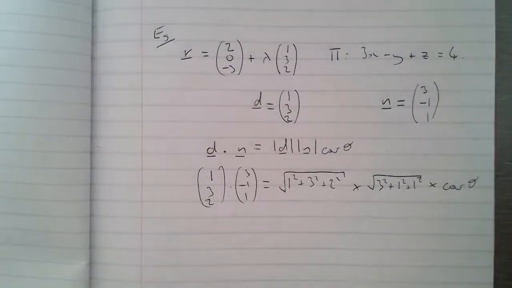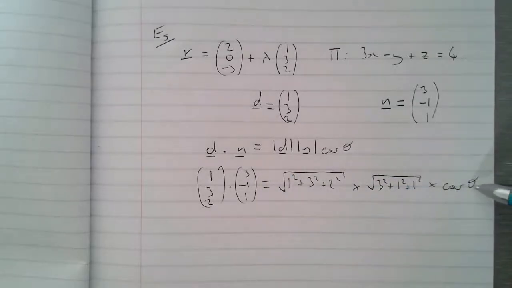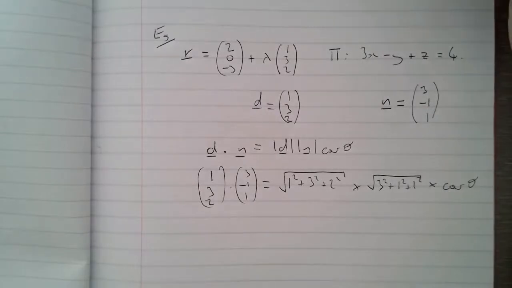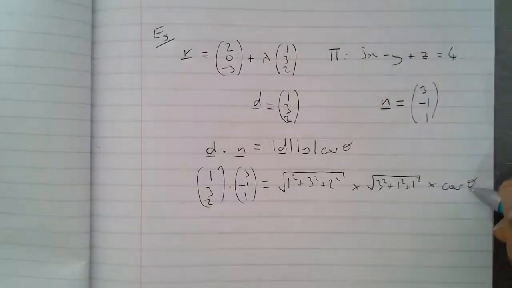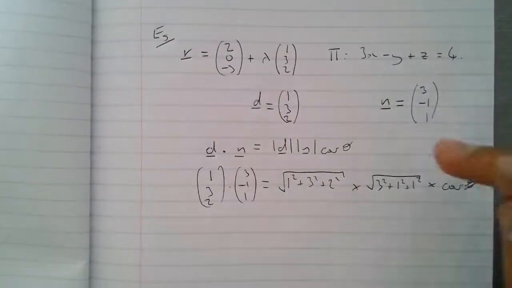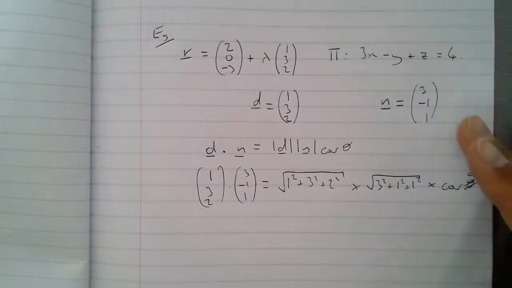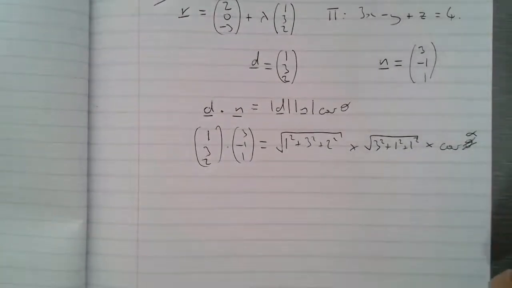Okay, so at this point, quite often people get themselves in a bit of a tizzy because they've written this down and they've got a theta here, and it doesn't really make too much sense because actually what we're finding is alpha. Theta is the angle between the line and the plane. We're not actually finding theta at the moment. So make sure that you do substitute alpha in for this, because otherwise you'll get to the answer line and see theta equals this and you won't do the 90 minus to get your actual answer.